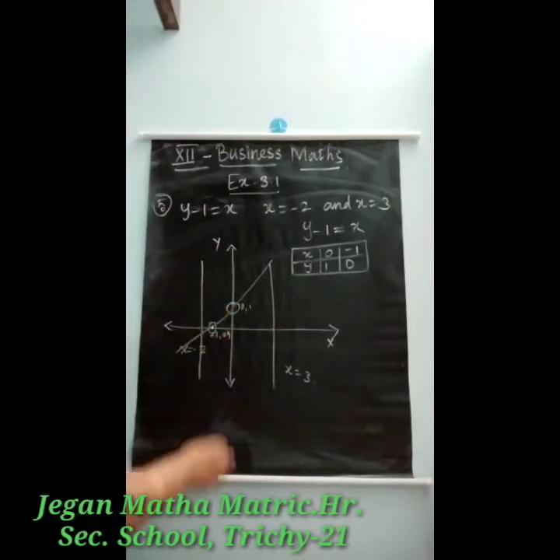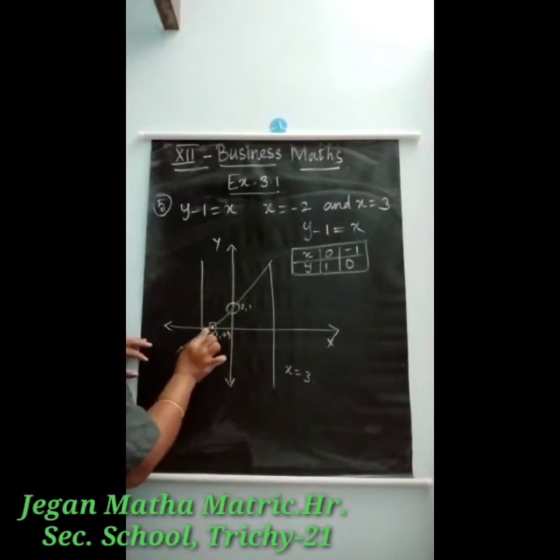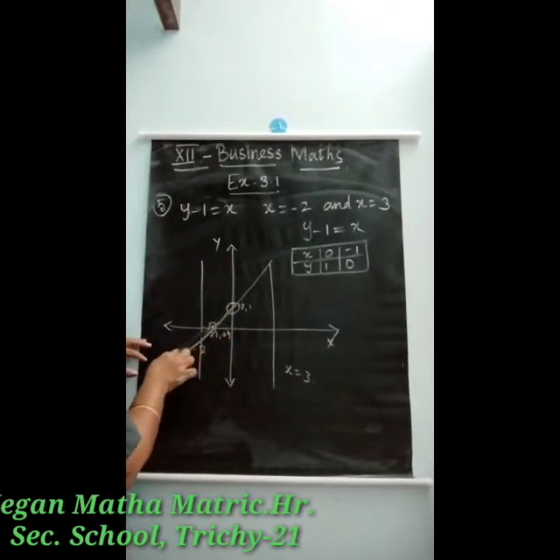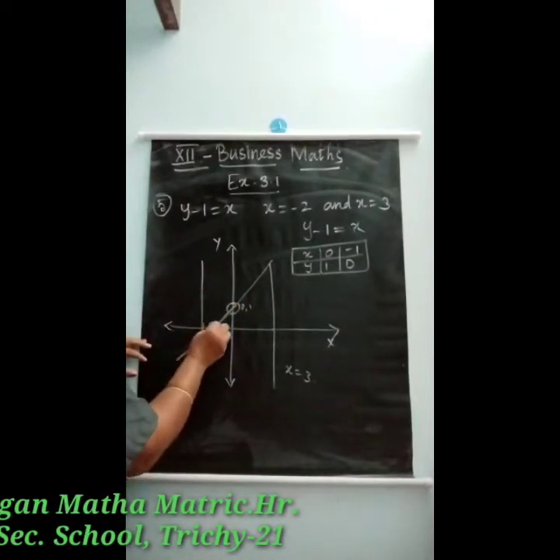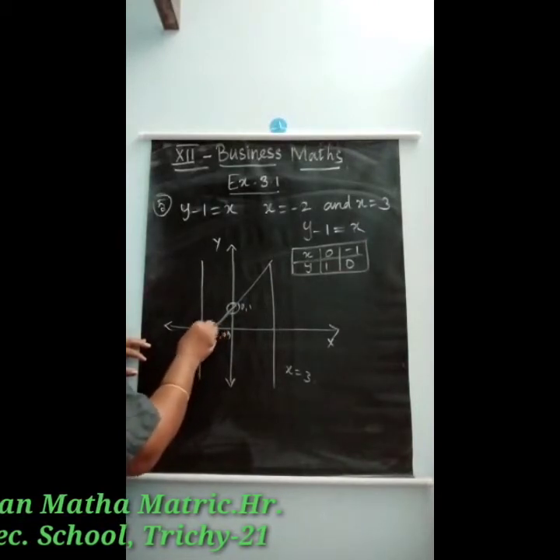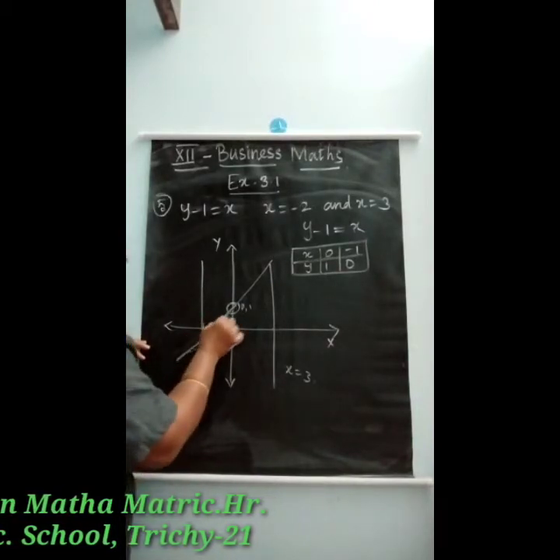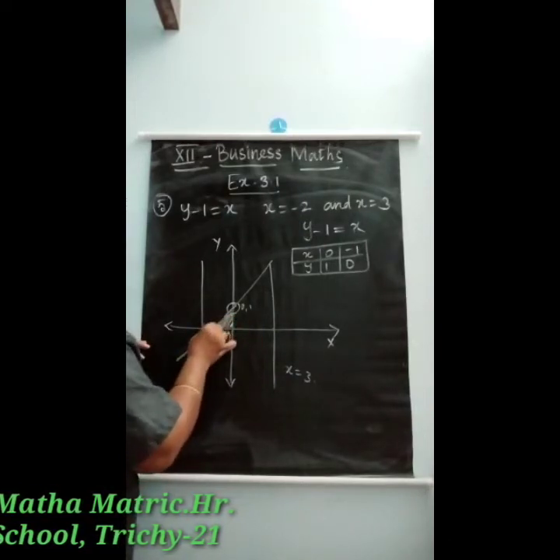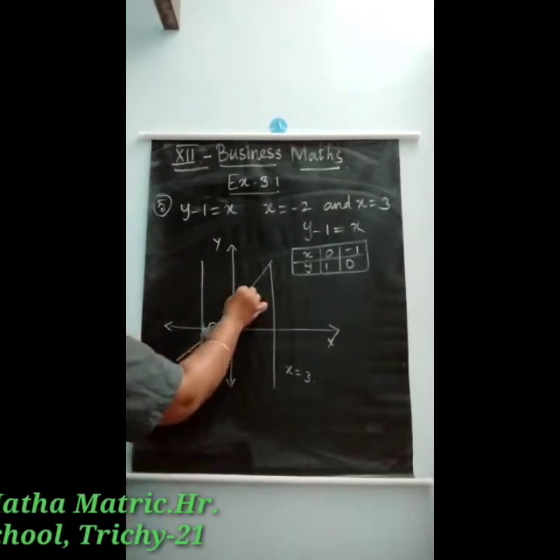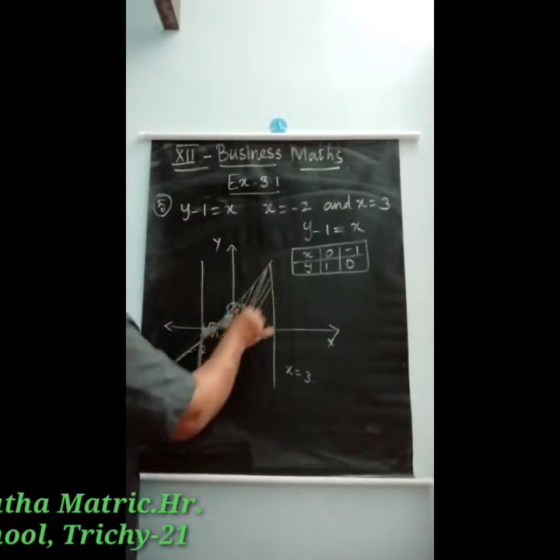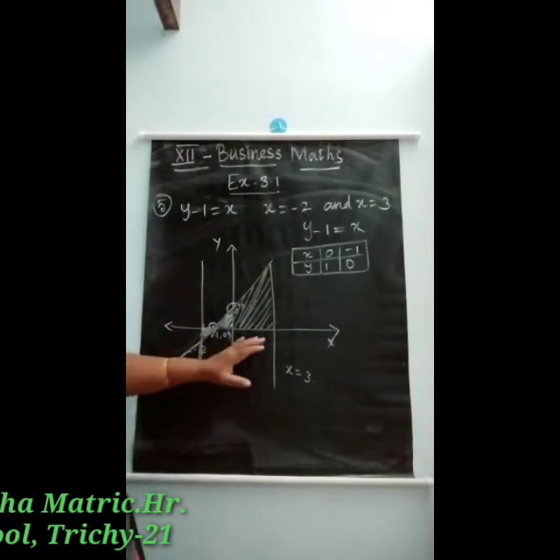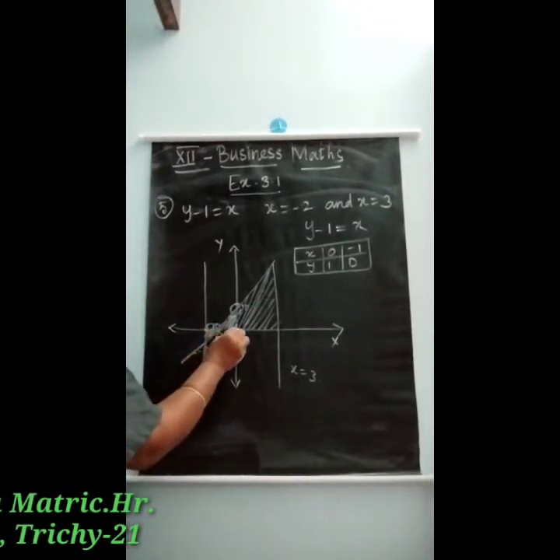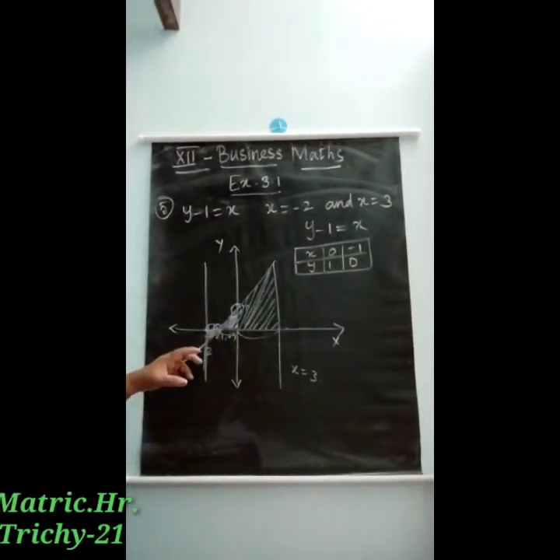We have to take this part, this part and this part, we have to take this one also, and in between this. So find the area of this up to this, and this one and this one. You have to find the area of that.